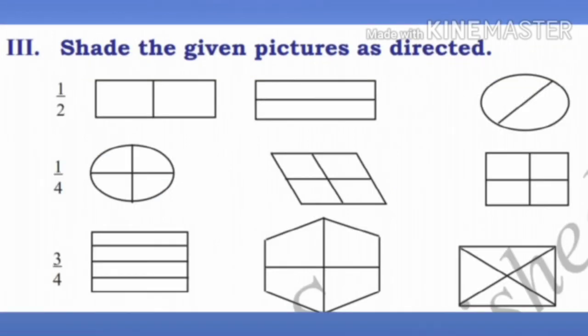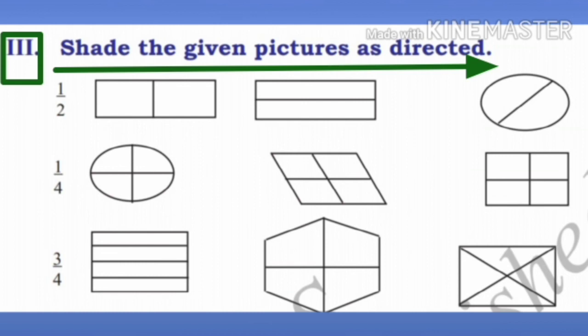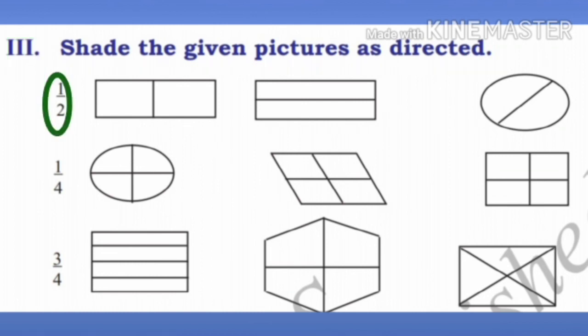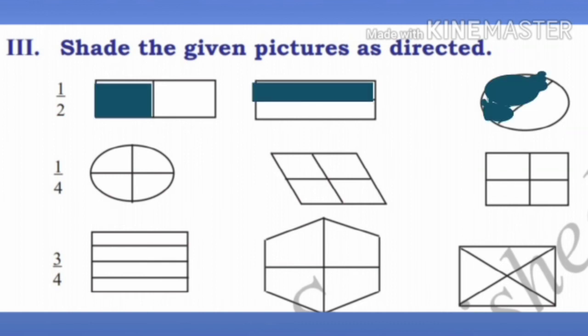Now, third main. Shade the given picture as directed. 1 by 2. Here some figures are given, divided into two equal parts. So we shade the part 1/2. So one part is shaded.